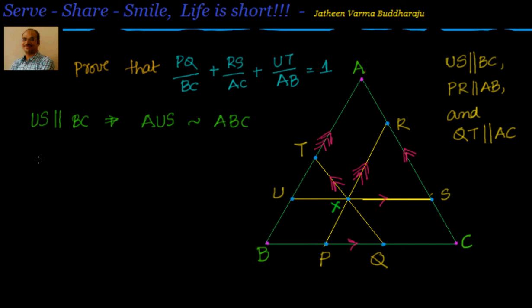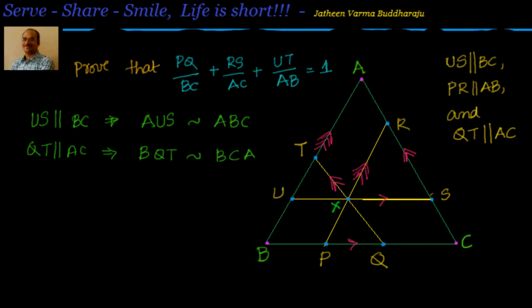What else can I find out? Similarly, I have QT is parallel to AC, so I can say QT is parallel to AC. That will give me, if I look from here, BQT is similar to BCA.